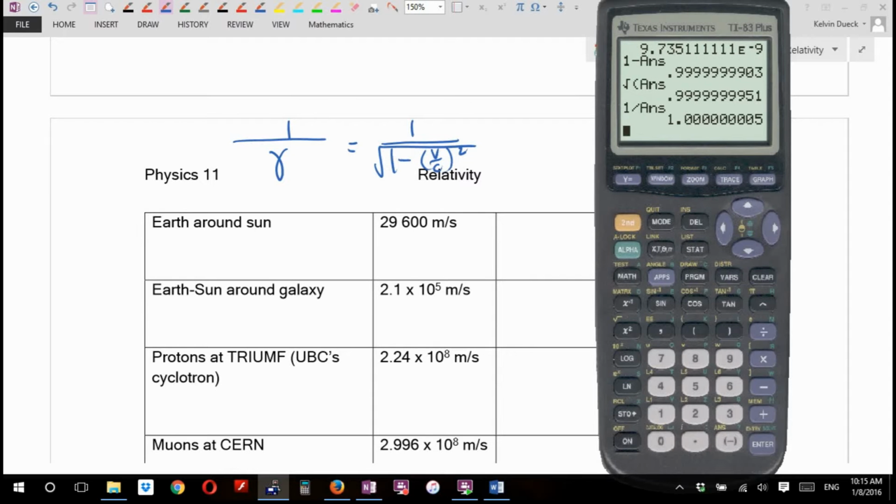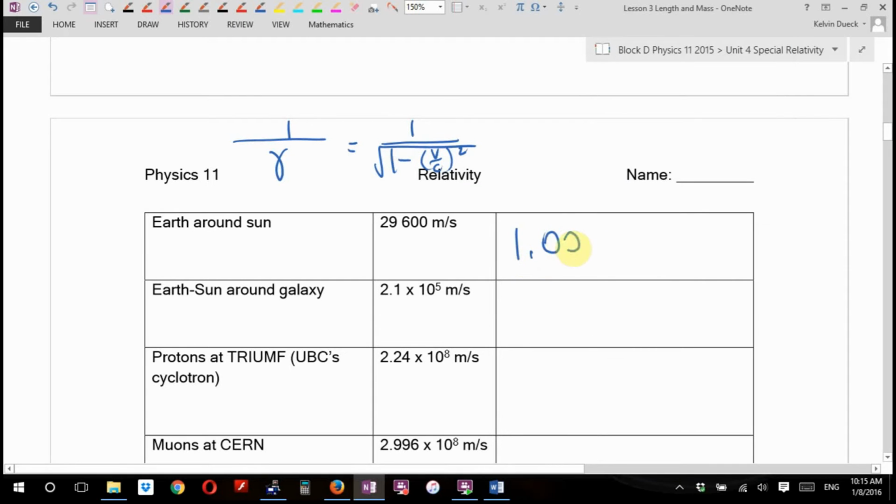The fact that the Earth is moving around the sun at 29,600 meters per second says that the sun, which is standing still in the center, is experiencing time slightly faster than us. Our time is slowed down, and our time dilation factor is how many zeros? 1, 2, 3, 4, 5, 6, 7, 8. 8 zeros.